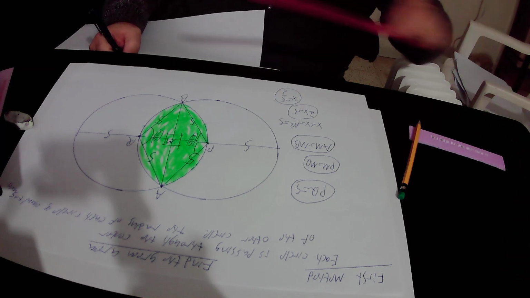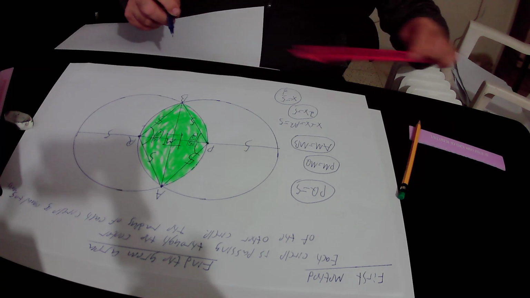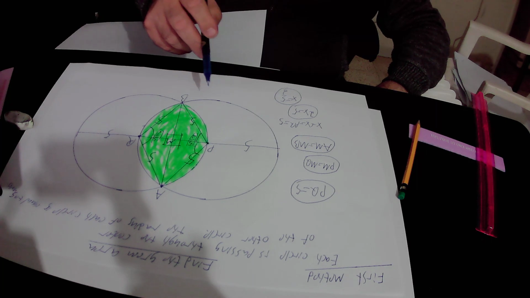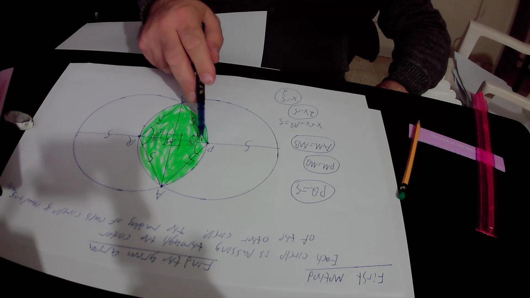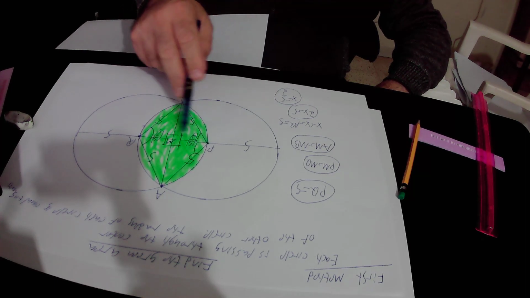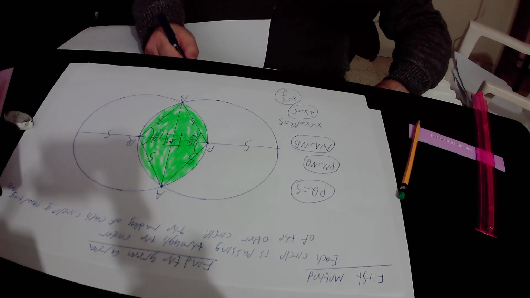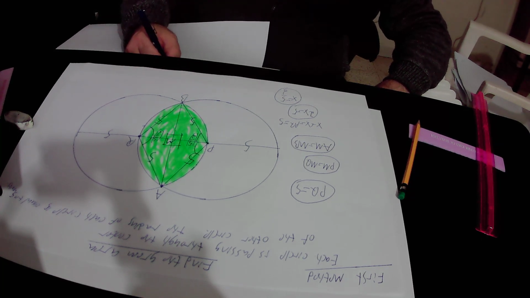we know that cosine theta of those 4 angles will be equal to 5 over 2 over 5.